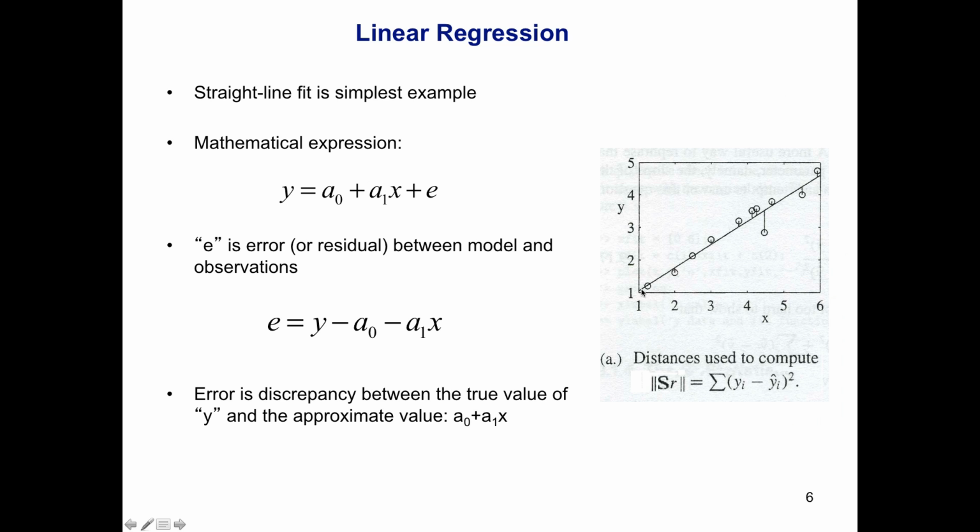Now, this line passing through here is modeling this point, or this point, or this point, with a certain error. For this value of x, the line tells me that I should be here, but the data is here. The difference between the two is the error.